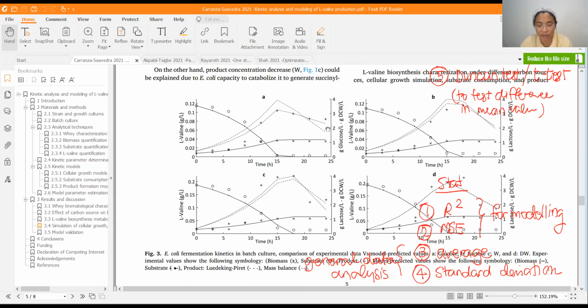Yeah, the line is a model that they have with the parameters in that table, and the dots are the experimental data. You see that if you're doing modeling, the line doesn't go through the dots that perfectly. How they do that is, I'm pretty sure that they try to minimize the MSE, the mean square errors there.